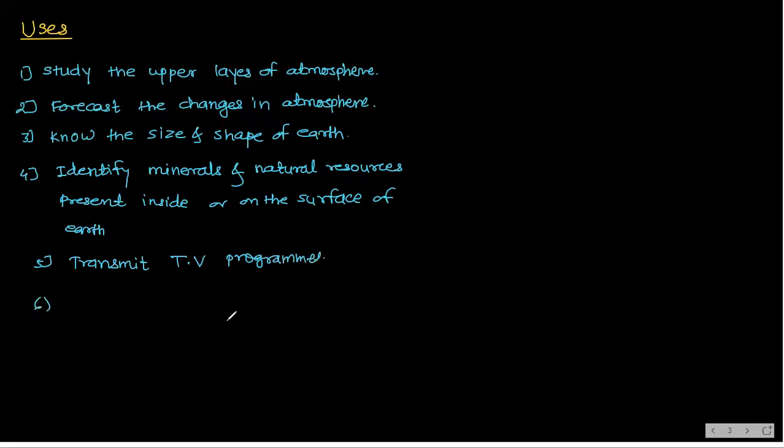Next one, telecommunication purpose, है ना? So I think these are enough. Telecommunication. These are some uses of this geostationary satellite. ठीक है, noted all the points. Sir, 1 minute, sir. Noting. हाँ, note down करो.